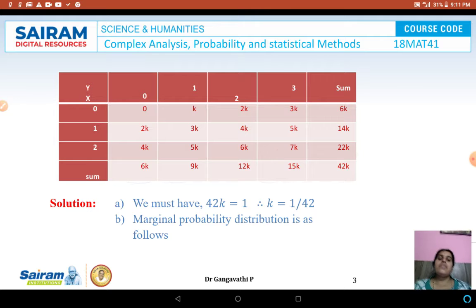See these values, we don't even know the value of k yet, so we are giving the joint distribution values f11, f12, f13 and all in terms of k itself. But we know that the sum of all these values should be equal to 1, both along the columns and along the rows. So in this place I am supposed to have the value 1, but instead we have 42k.